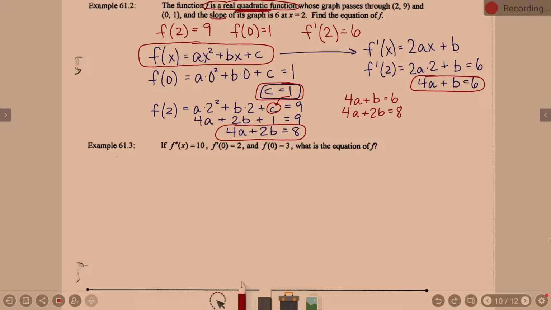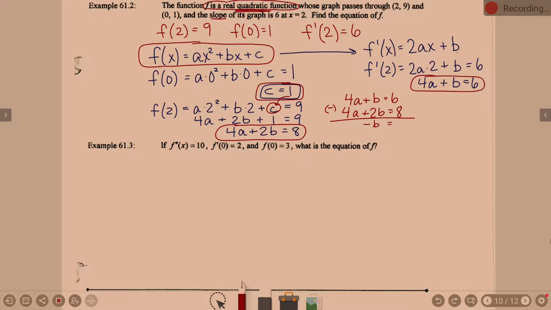Ethan says substitution. My brain goes to elimination here. Can you find your a's and b's somehow? I'm not against substitution, but my brain went to elimination. Because if I just subtract these, 4a minus 4a cancels. b minus 2b is negative b.